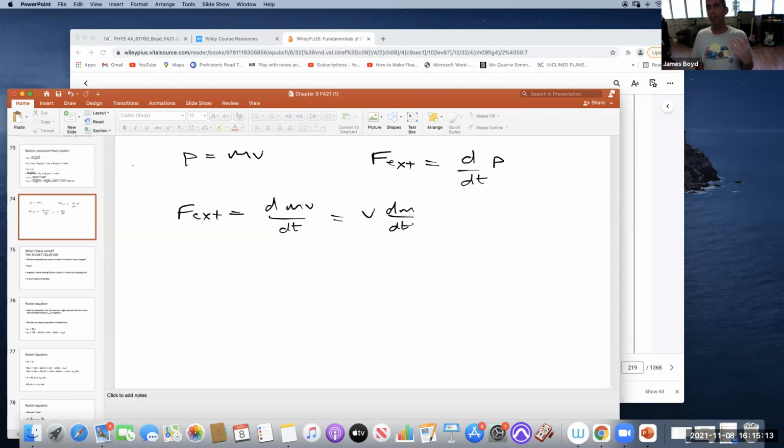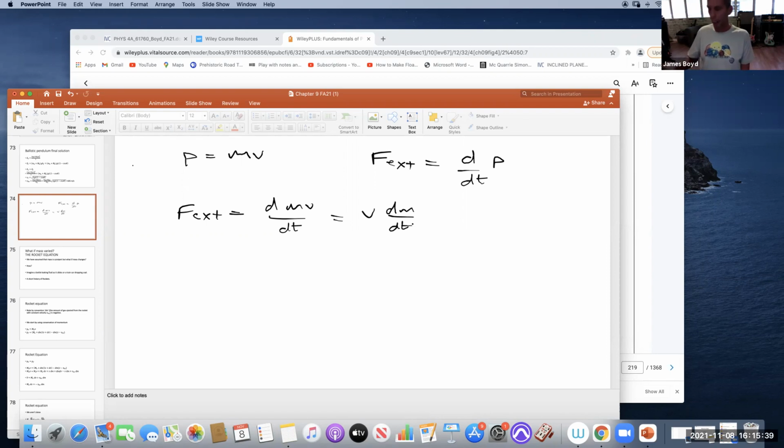You could have the really old example that I don't know why they still use, which is coal cars. Cars full of coal, and the coal's falling over the side of the railroad car. And so it's falling out and the car's losing mass, but its velocity is staying the same. Weirdly, that all can be applied to the rocket problem.